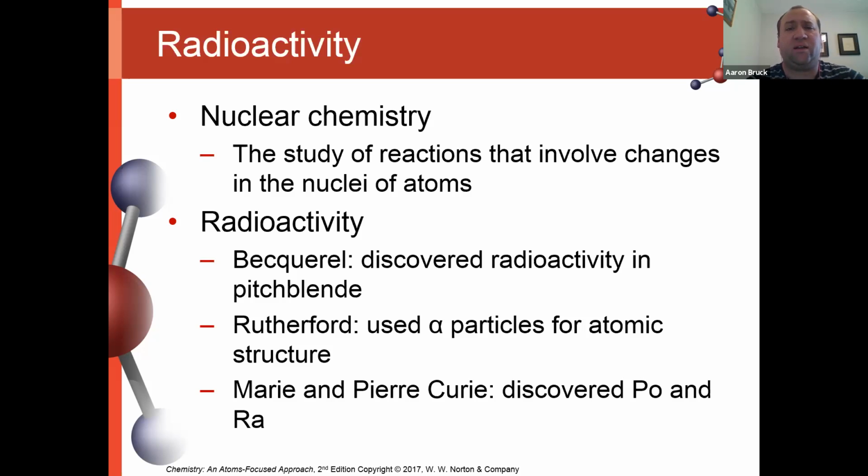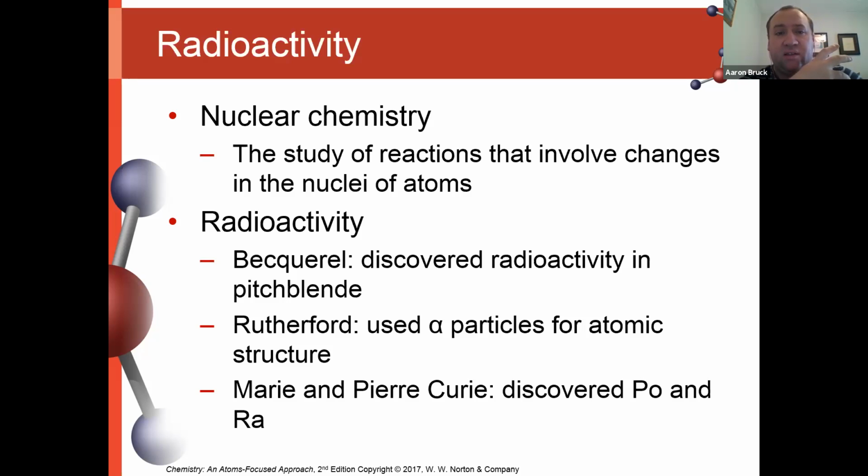Radioactivity is the spontaneous emission of energy from an atom. And when that atom releases that spontaneous energy, what you get is a change in the nucleus itself.